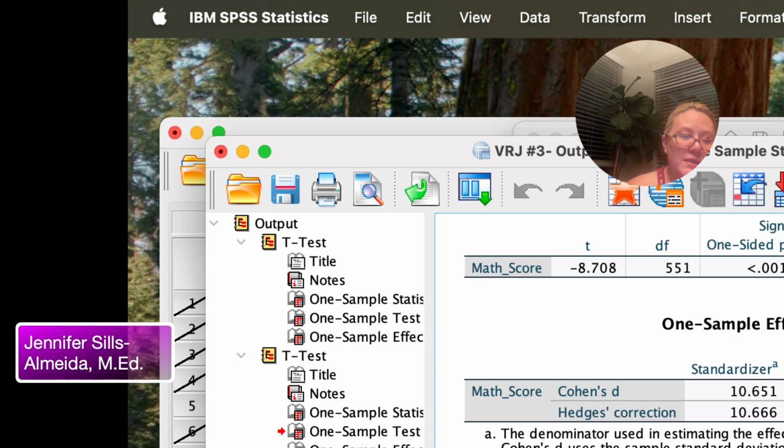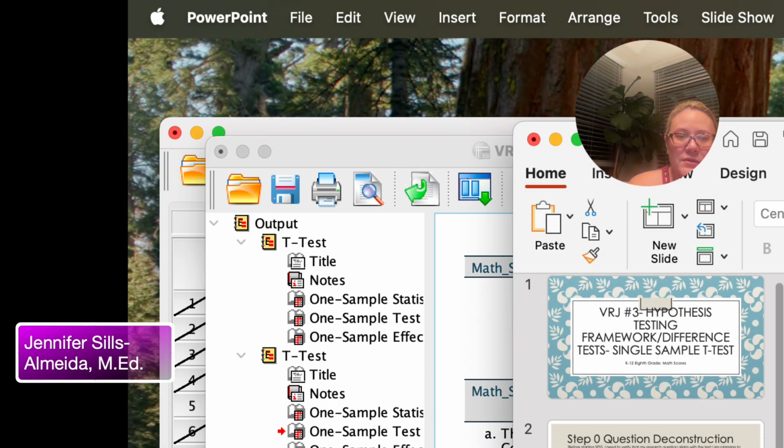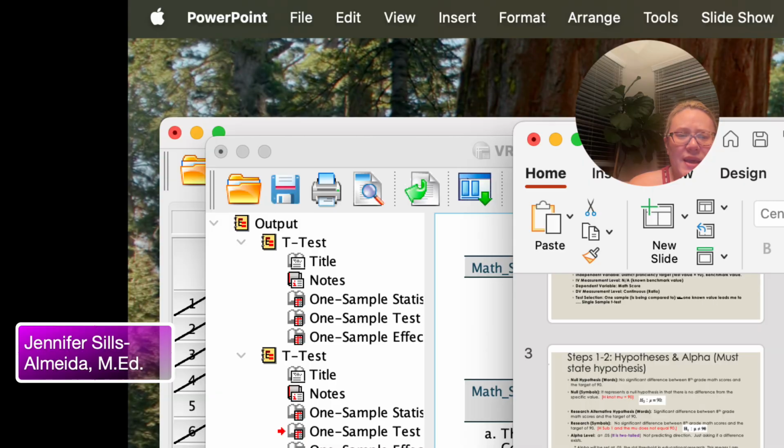So when we're looking at Cohen's d, how you find the effect size is you take the mean difference, which I'm going to show you in a second, and you divide it by the standard deviation. So this one over here would be the standard deviation. So let me go ahead and have everything on here, and I will show you over here. So we did that.